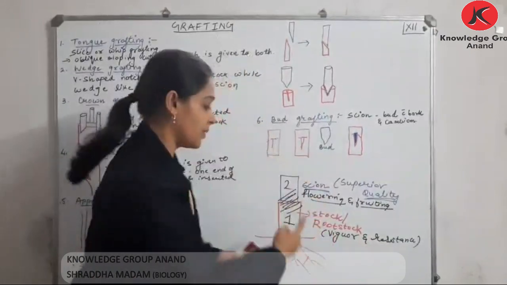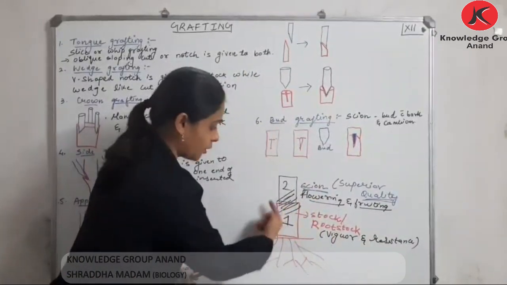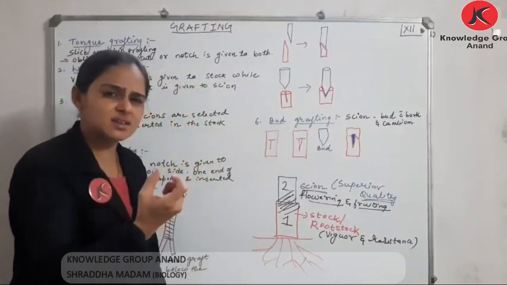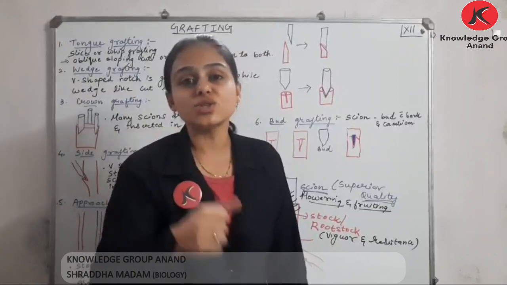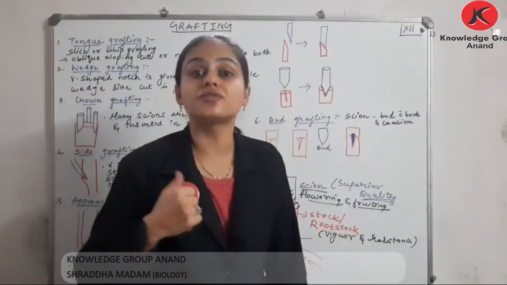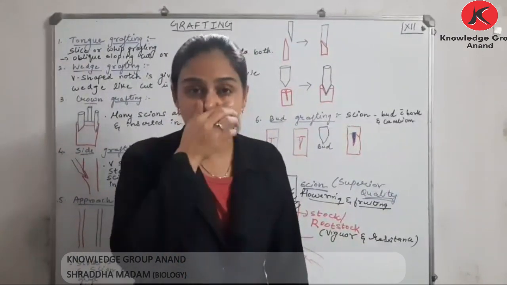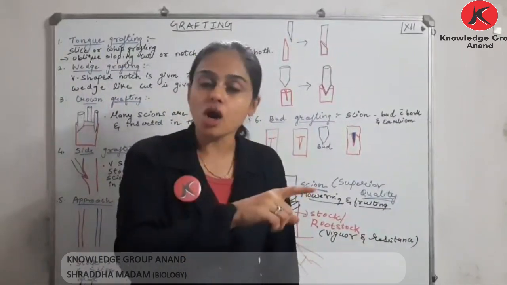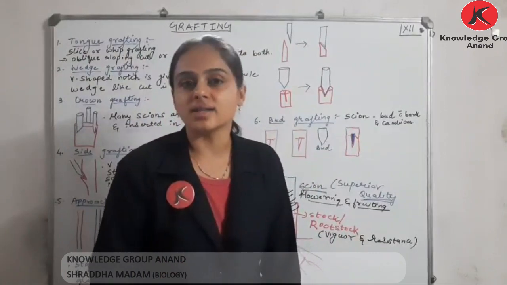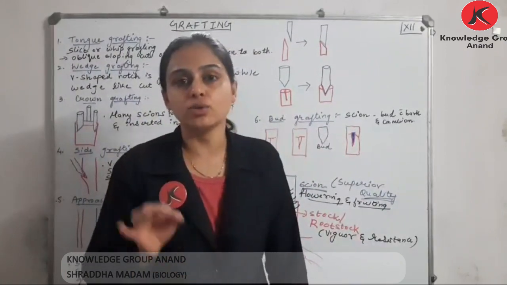Followed by which हमने क्या करा है? Firm wounding, I can say, right? This creates wound. This results in formation of callus. And then your stalk and scion binds to form a new plant.